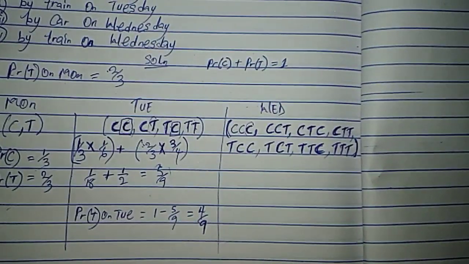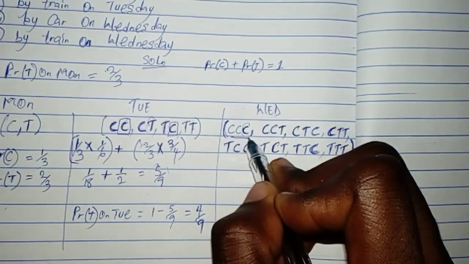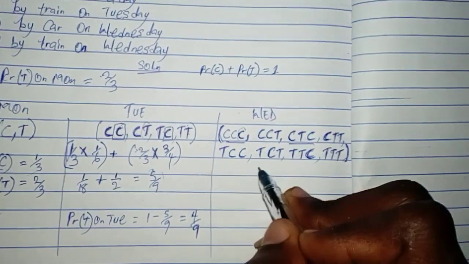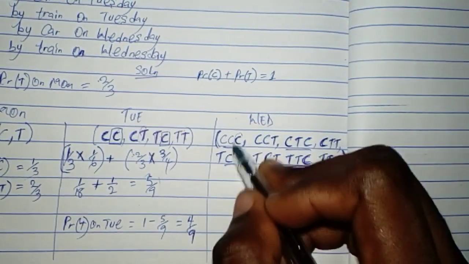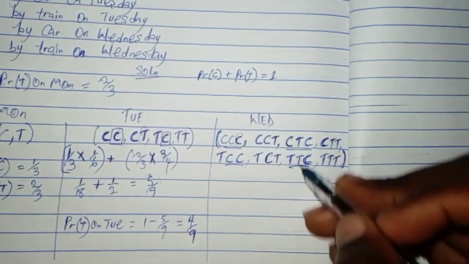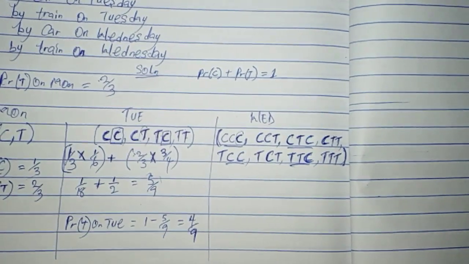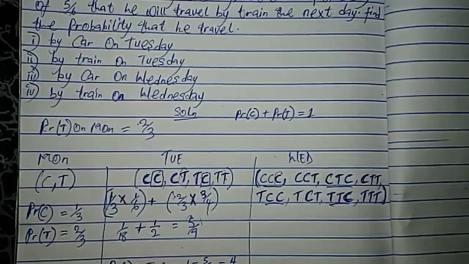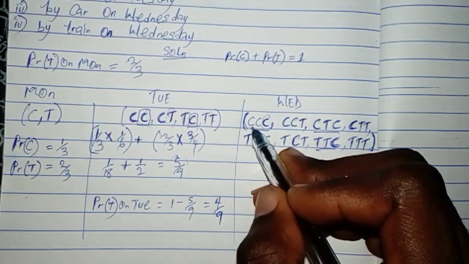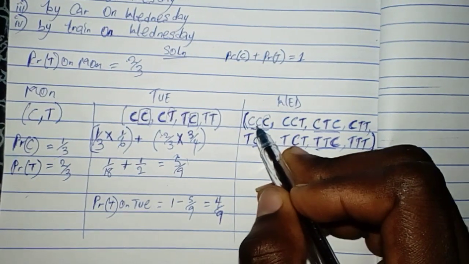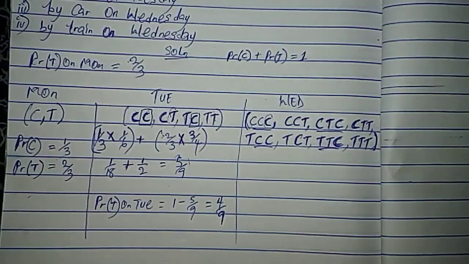Now, those ones that have car on Wednesday, these have car on Wednesday, these have car on Wednesday, these have car on Wednesday. These are the 4 events we are adding up to get the probability of him traveling by car on Wednesday. Now, from the first one, we have him traveling by car on Monday, traveling by car on Tuesday, and traveling by car on Wednesday.